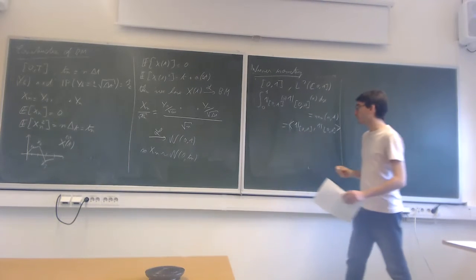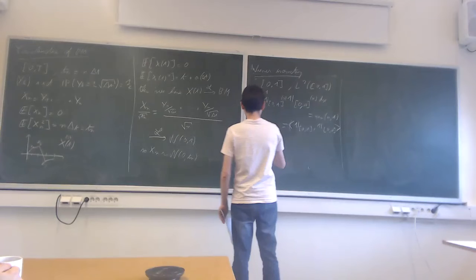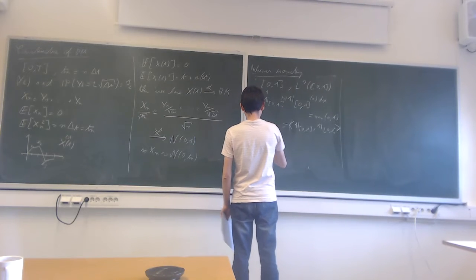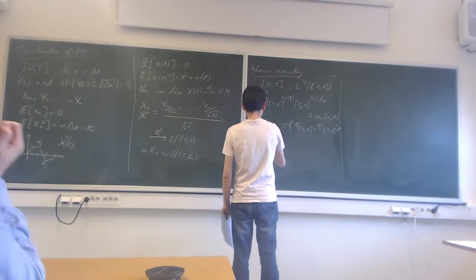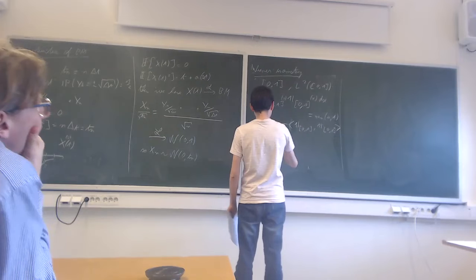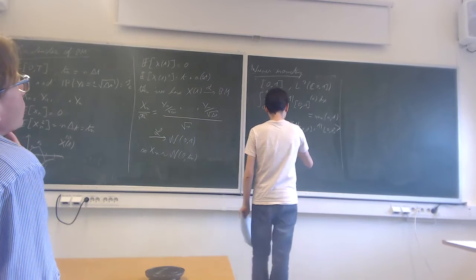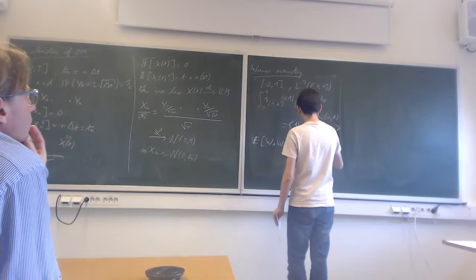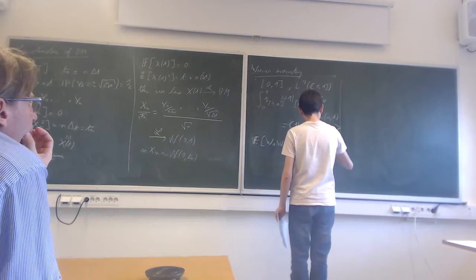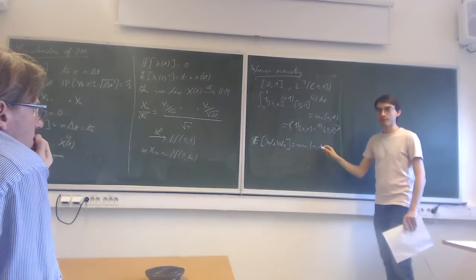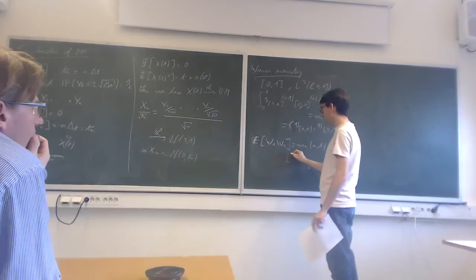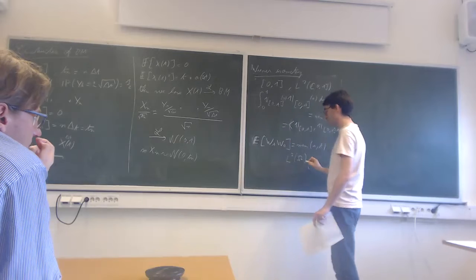But we know something else. On the other hand, the expectation of W_t W_s is equal to the minimum between s and t. It is the exact same thing, and here I work in L2 of omega.